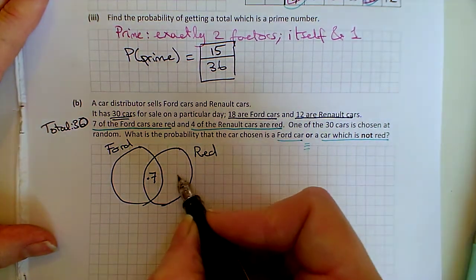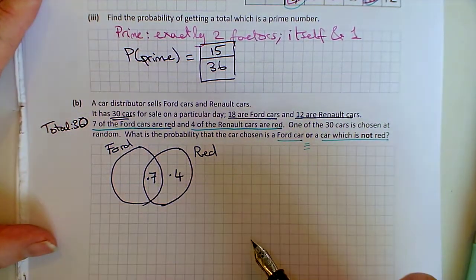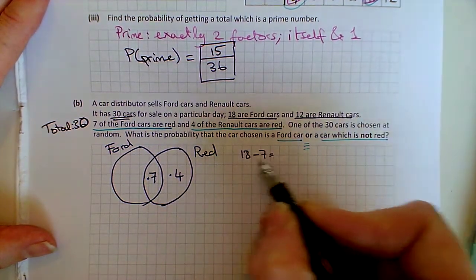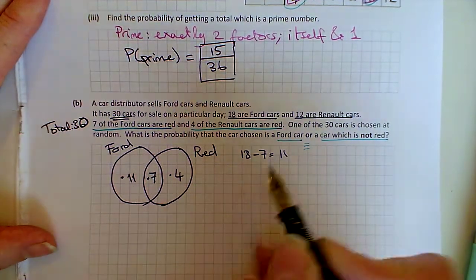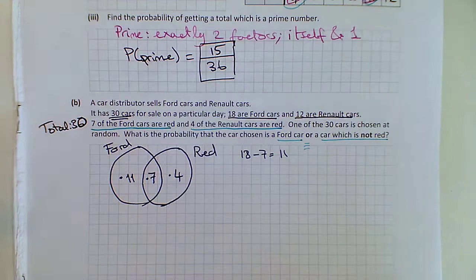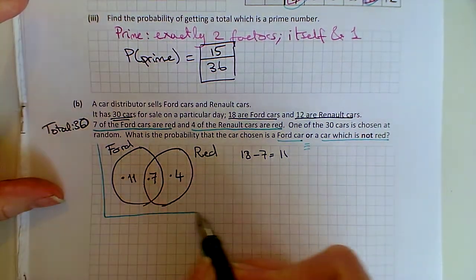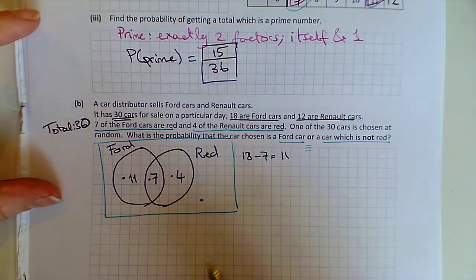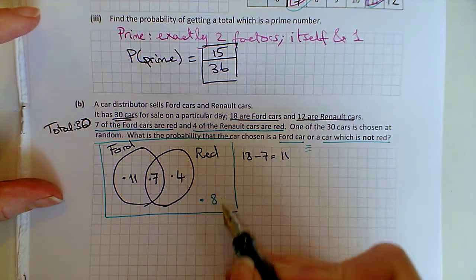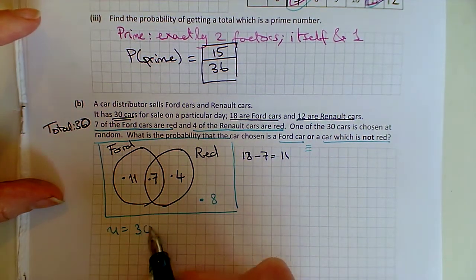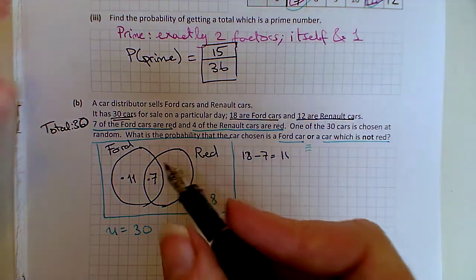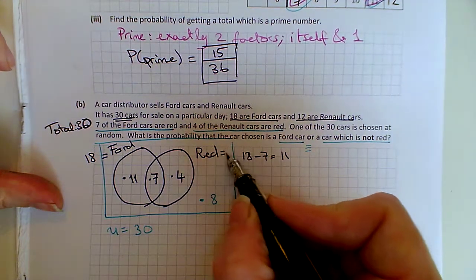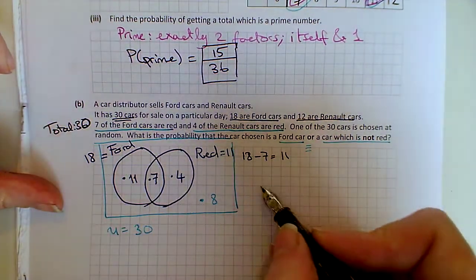And of the Renault cars, 4 of them are red, meaning that I have a total of 11 red cars, and the remaining Ford cars, 18 minus 7 equal to 11. The remaining 11 here are Ford cars that are not red. Out here, I have the Renault cars that are not red. I have 8. Okay, so my total here is adding up to 30, but my total of Ford is 18, and red is 11.